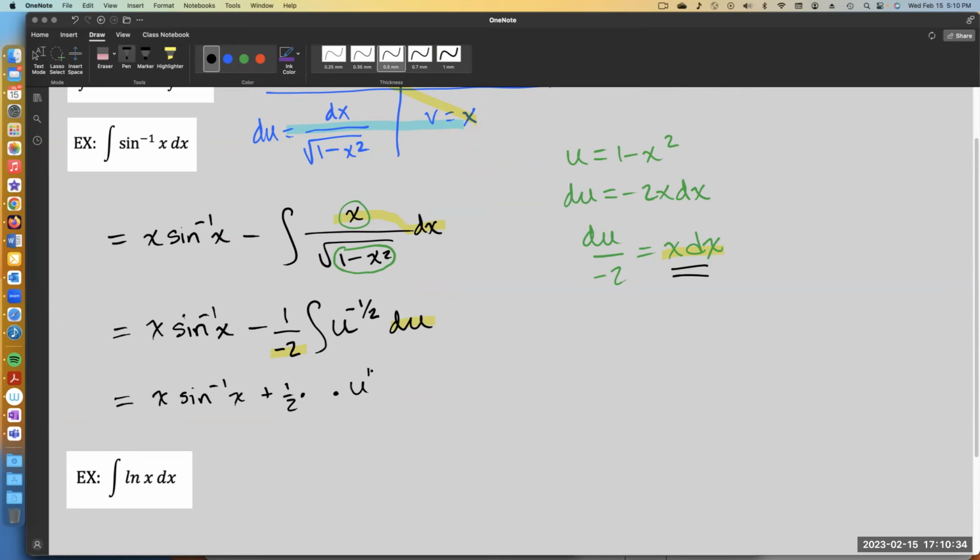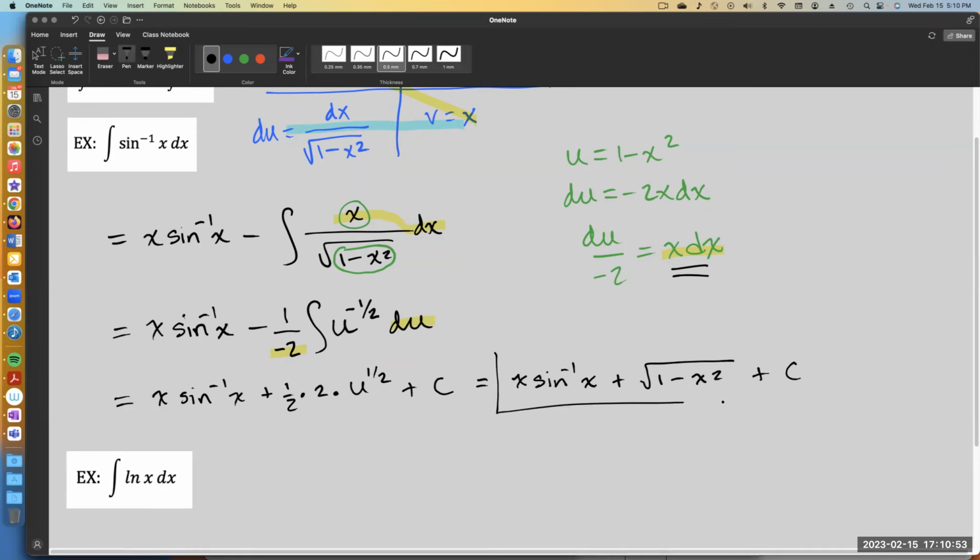We add 1 to the exponent, and we divide by the new exponent. And then we're going to back substitute. And that will be our antiderivative for inverse sine, not something that anyone ever remembers.